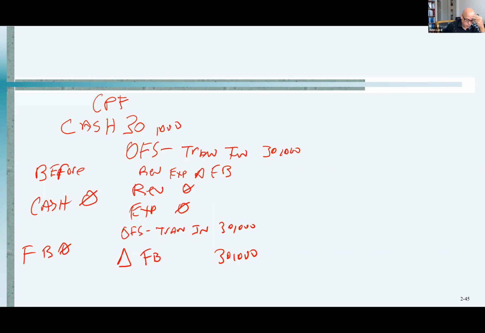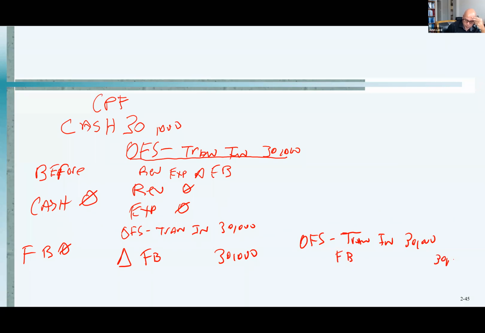Then when I do my closing entries, I want to close this. So I debit it to close it. It's like a revenue, but I call it other financing sources. I debit transfer in to close it, and I credit fund balance to put that into fund balance.